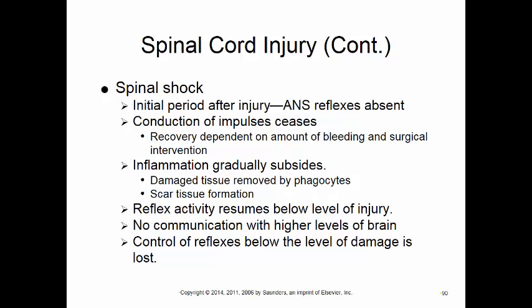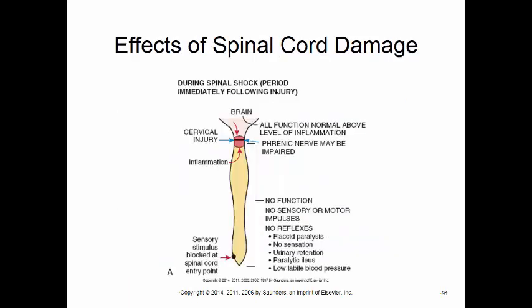So the spinal reflexes below the injury can resume, but typically you see no communication between the upper part of the spinal cord and the brain to the lower, but the lower level can resume some spinal reflexes. So the higher level control from the brain is lost.